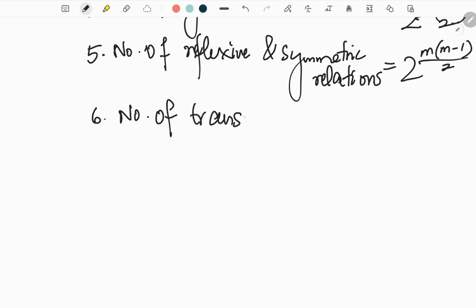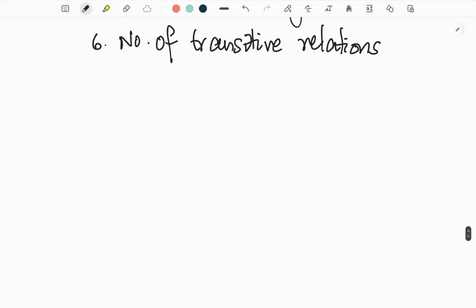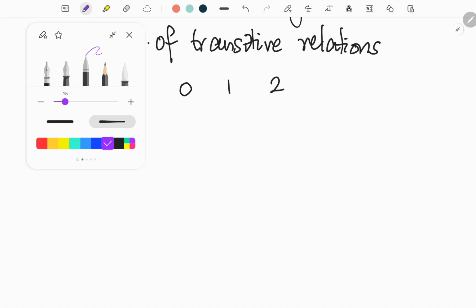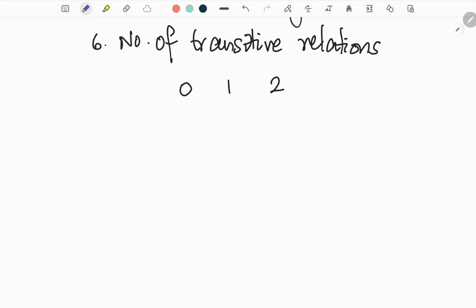Now for transitive relations there is no formula, but you have to remember the number of transitive relations possible for 0, 1 and 2, because that will help you for MCQs. So let's say there are 0 elements, 1 element and 2 elements in the set A, or whatever set you're considering.